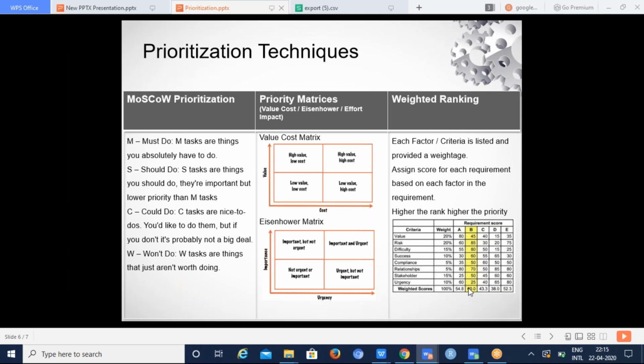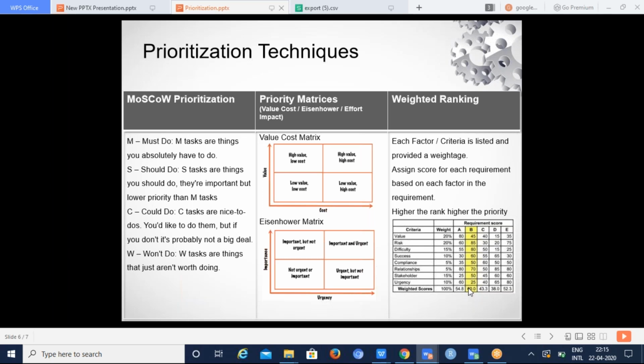Right. So if they have different points of view, it is always good to note all those points. We can do a little bit of analysis, like which one brings the maximum value to the company. Whenever it comes to value, we have to consider the value to the company and not the value to the individual stakeholders.